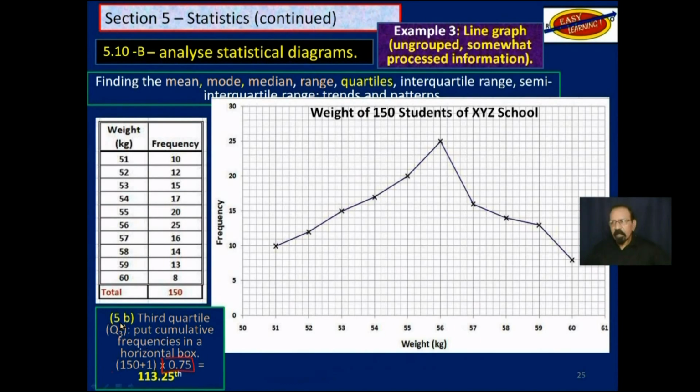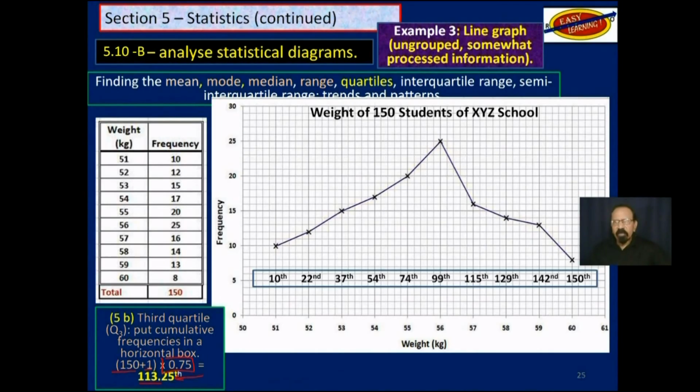So we take the frequency, add 1, multiply by 0.75, which is 3/4, and we get 113.25. So by the time we reach here, we would have counted 99. That's at that 56. We finished counting all the 56, we reach 99.